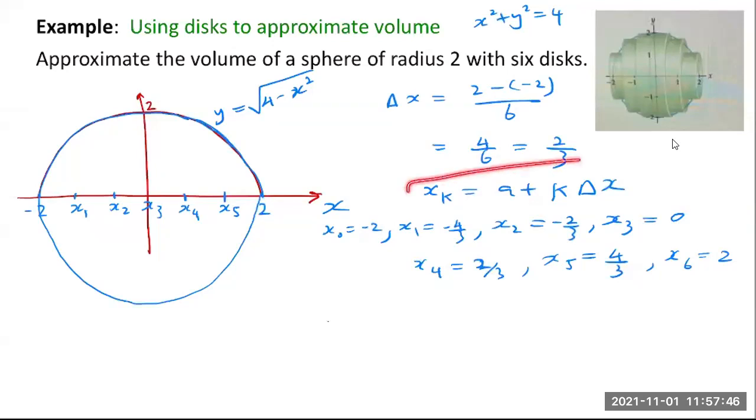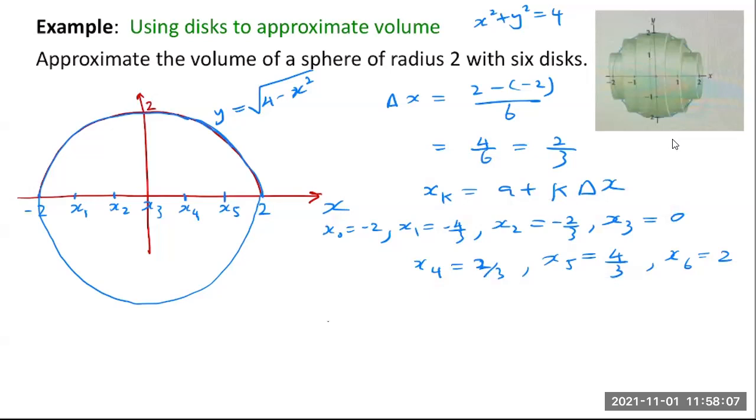Using this formula, x0 is minus 2. That's clear. That's the starting point. And then x1 is equal to minus 4 over 3. You just plug in k is equal to 1 in this formula. Similarly, x2 is equal to minus 2 over 3, x3 is equal to 0, and so on and so forth. I can find the other terms.